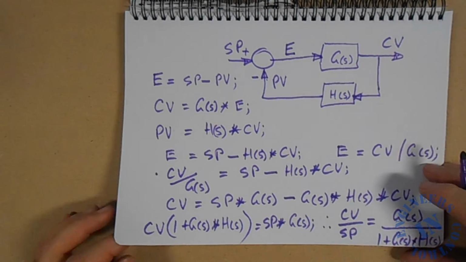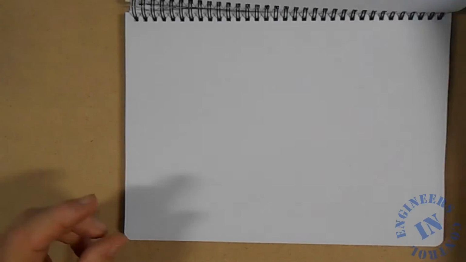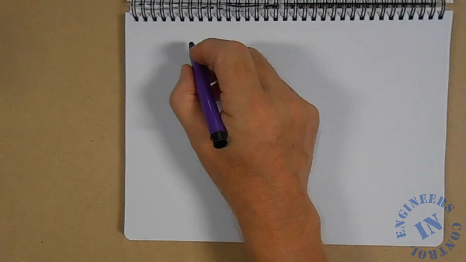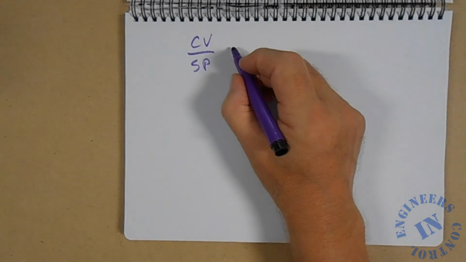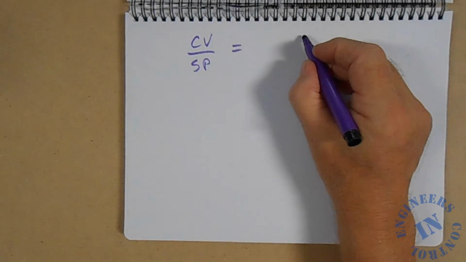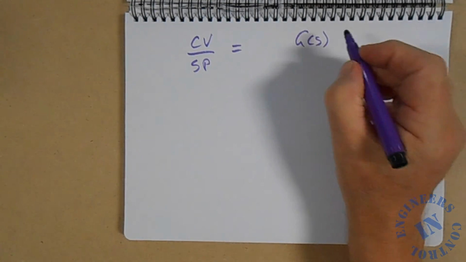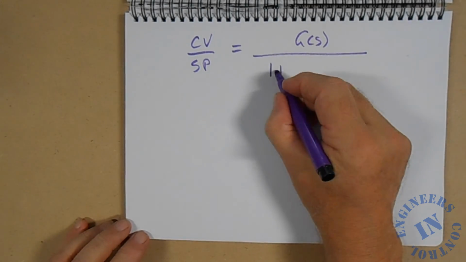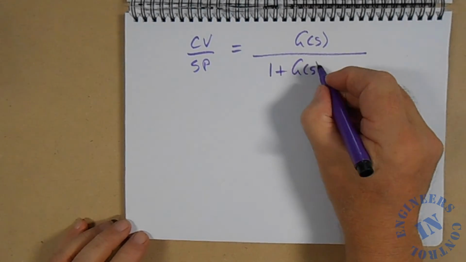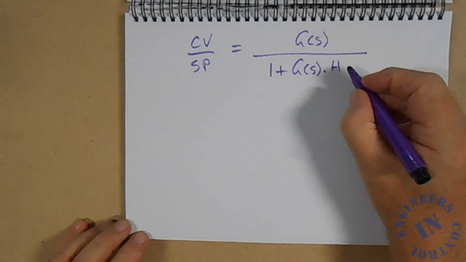So let's just write that down again. CV over set point is G(S) over 1 plus G(S), H(S).